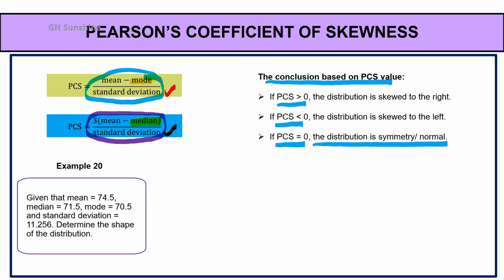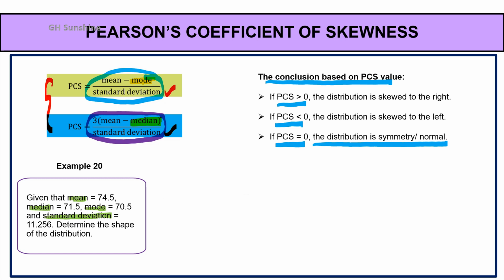Let's look at this example. Given that the mean equals 74.5, median 71.5, mode 70.5, and standard deviation 11.256. Determine the shape of the distribution. Here you have the mean, median, mode, and standard deviation, so you can use either of these formulas.